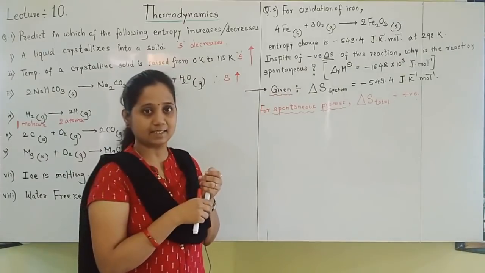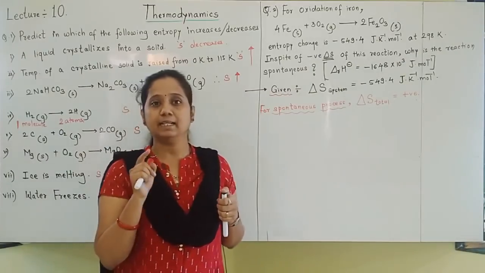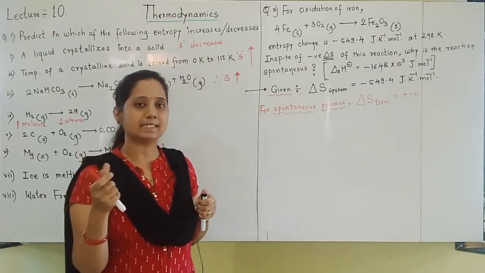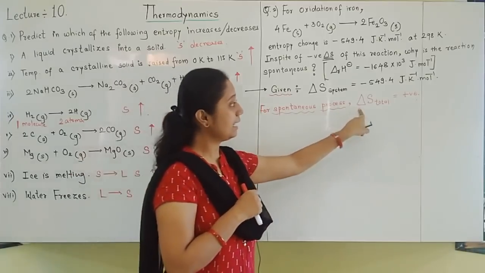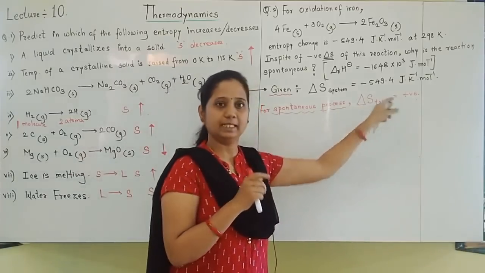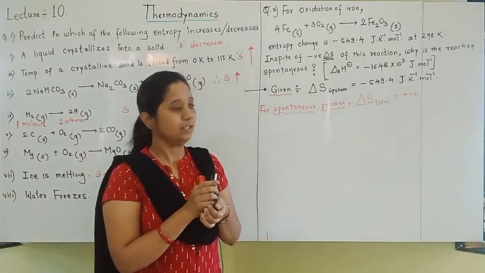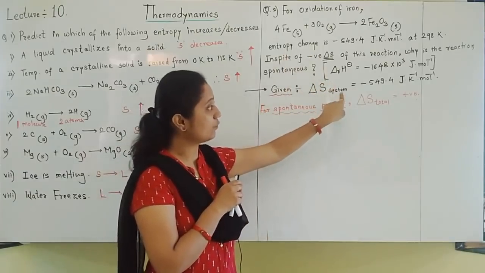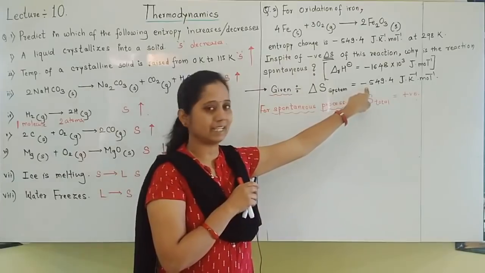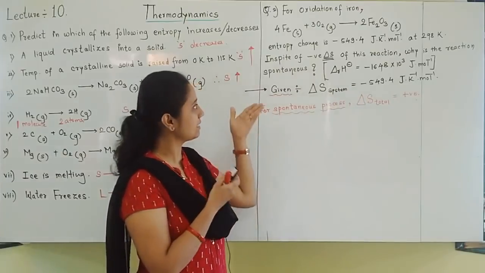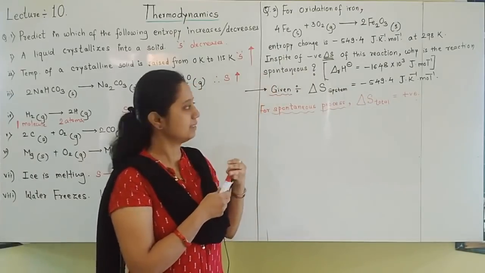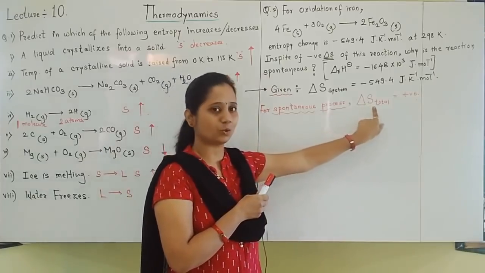But which delta S? Just now we have seen that delta S total is equal to delta S of system plus surroundings. Delta S total should be positive, then the reaction becomes spontaneous. Here given is delta S of the system only, that is negative. They are asking why the reaction is spontaneous, so let us find out delta S total.